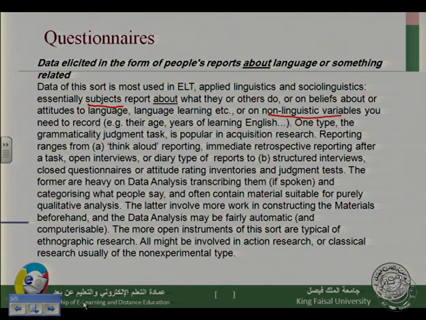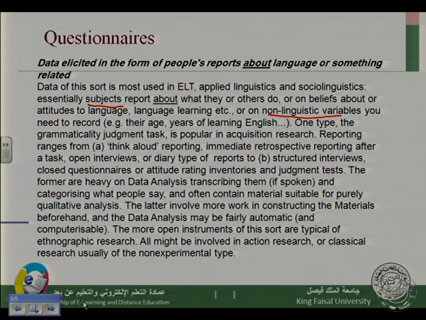And here, for example, you ask about their age, how many years they have been learning English, about their gender, male or female. These are questions that have nothing to do with the language. This is why it's called non-linguistic variables. So you need just to record all of this information. Why? Maybe they are going to explain your results later.